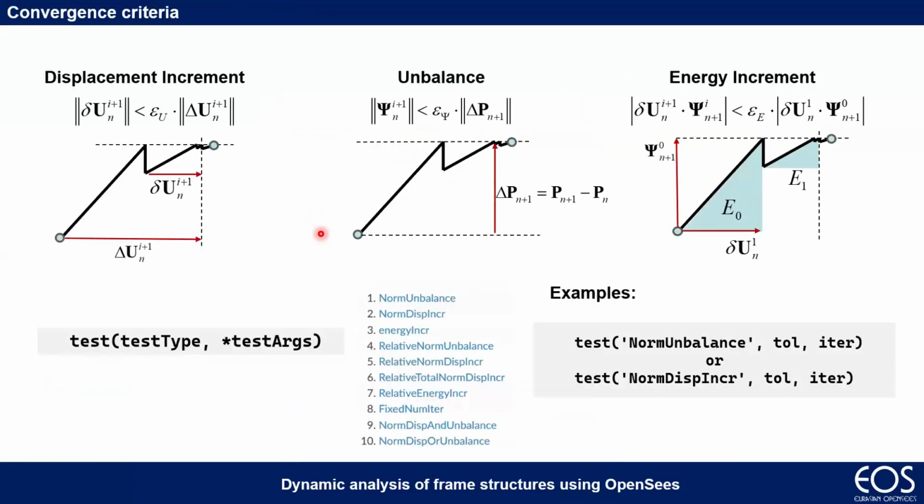Other stuff that you have to declare is just the test for the integrator. Pay attention that they are the same as for static analysis. You can typically use unbalanced displacement or energy, and you can use the norm or relative norm of that. Pay attention that with displacement and unbalance, if I'm not wrong, Dr. Petracca, you cannot use penalty, right?